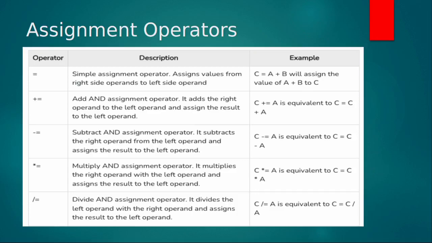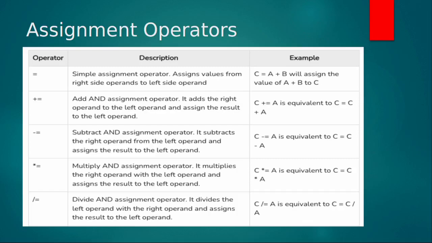So, assignment operators. We are all familiar with the equal to sign, which is for assignments. That's what we use to assign new values to variables. But there are other ways we could assign values to variables, and that is just what I want us to consider. You can see the plus equal, the minus equal, the multiplication equal, division equal.